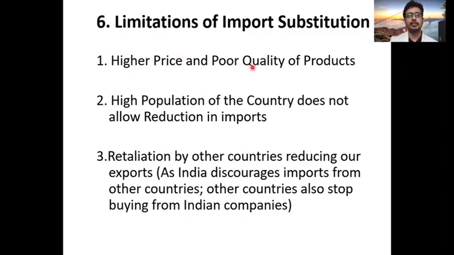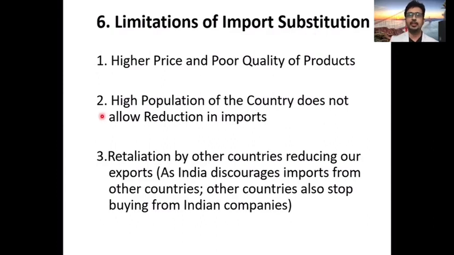So Indian substitutes of the imported goods were slightly inferior in quality because the producers were producing many of these goods for the first time. And secondly, the cost of production was also comparatively higher in comparison to the foreign companies. And as a result, those Indian goods were relatively expensive. So higher price and poor quality of the products is the first limitation of the policy of import substitution.